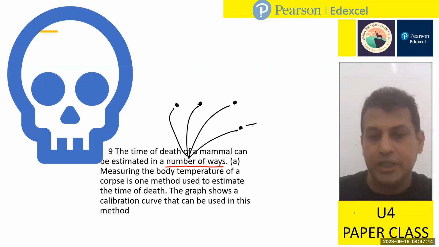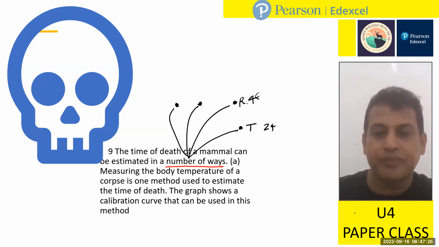Temperature is useful up to 24 hours and maybe 48 or a little bit more. Rigor mortis is useful too, and entomology is useful for weeks, months and years. We can decide the time of death, not very accurately, using decomposition.